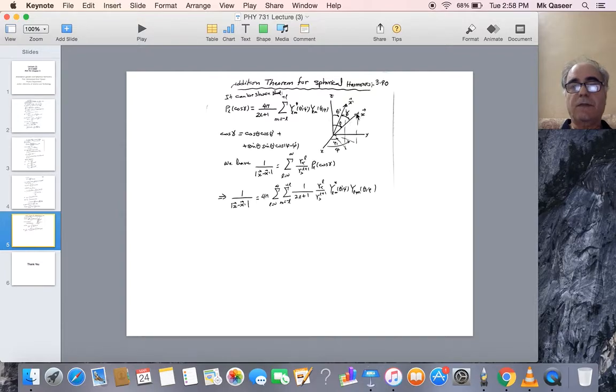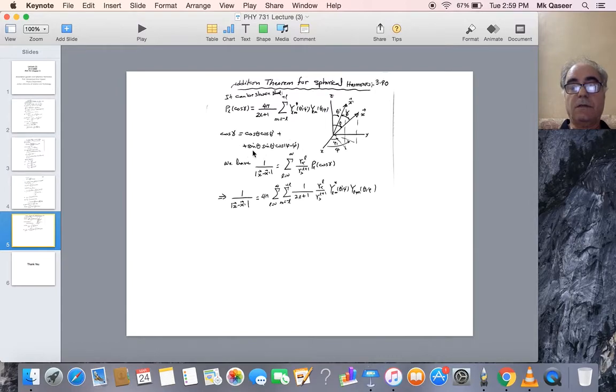Usually x represents a field point and x prime represents a source point. The angle between the two vectors is gamma, and it can be shown that P_L of cosine gamma is given by this expression. Here Y_lm star of theta prime and phi prime, here Y_lm of theta and phi, and we know that cosine gamma is given by this expression.